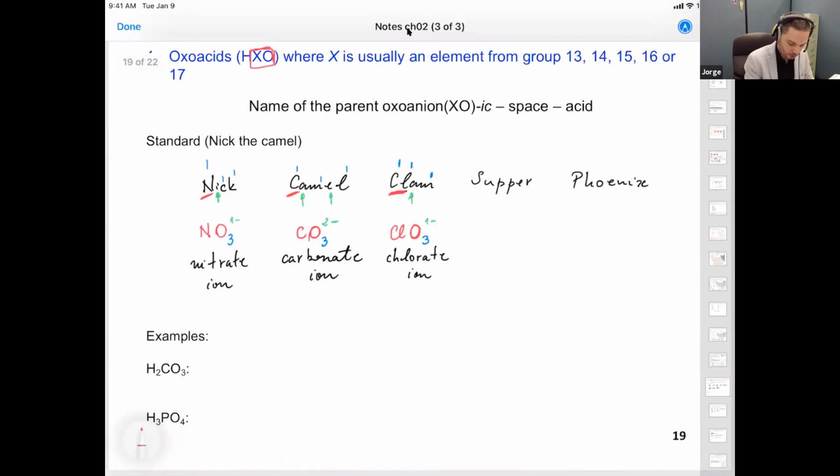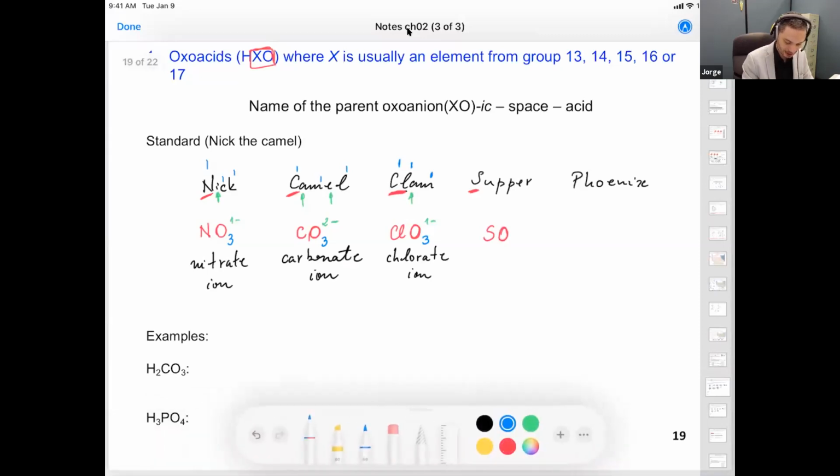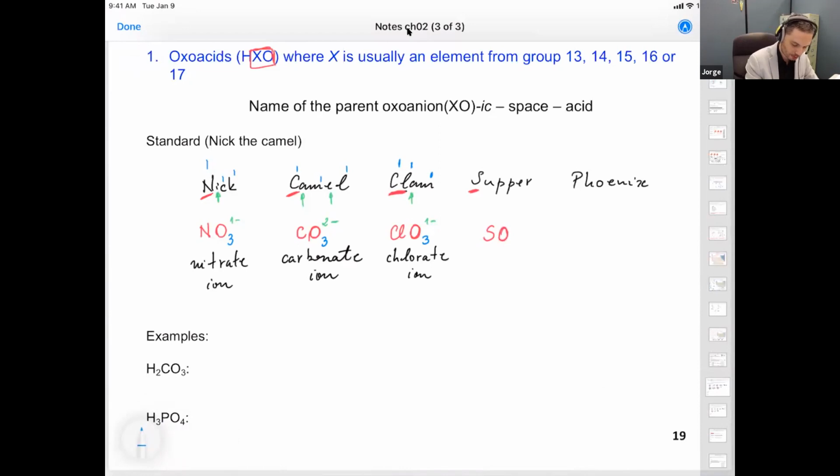Next one is super. That means we have S for sulfur, followed by oxygen always. The number of oxygens in the structure is equal to the number of consonants: 1, 2, 3, and 4.